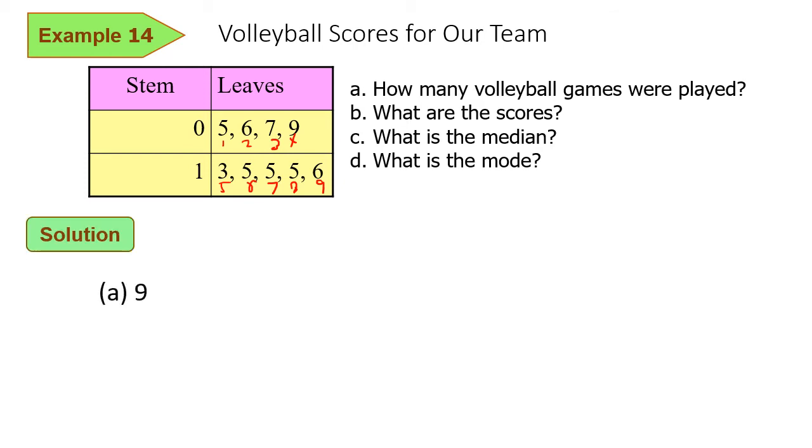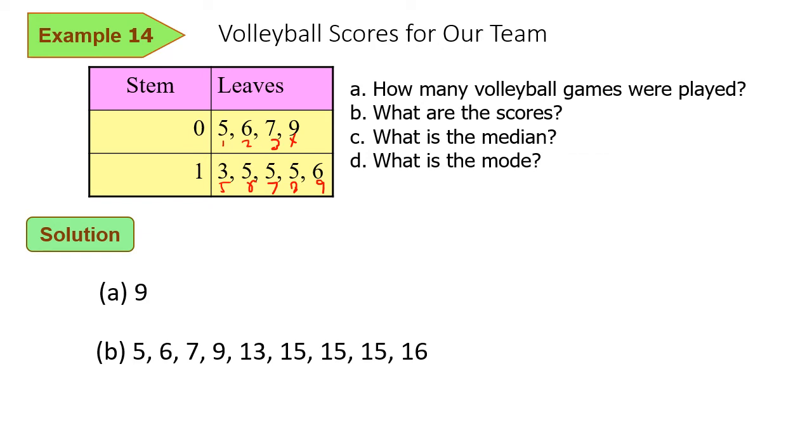And then B, what are the scores? The scores here, we have to list out the data. From the stem and leaf, we sort according to ascending order. We start with 5, right? 0, 5, we put 5. We don't put 0. So we start with 5, 6, 7, 9. This is from the first stem.